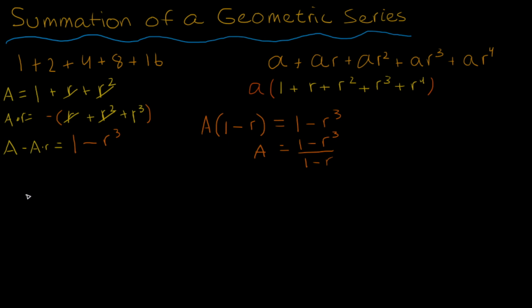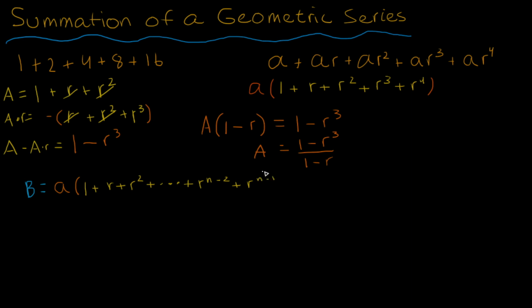So let's define b, and in this sequence we'll have a first term of a multiplied by all of the terms in the middle, which will go from 1 plus r squared, and this will go on until r to the n minus 2 plus r to the n minus 1.